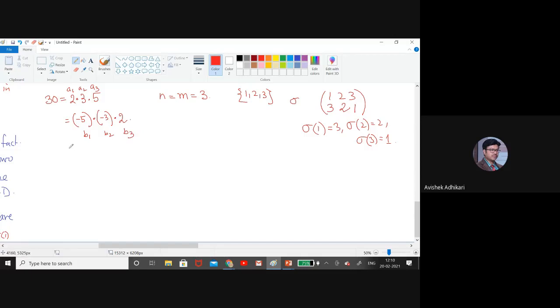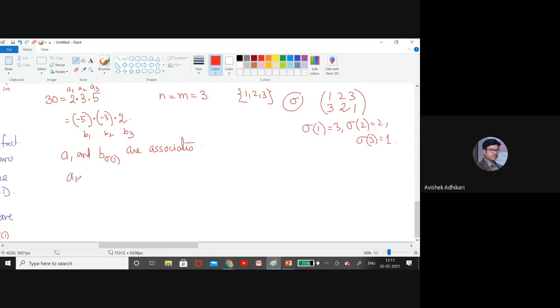What it says is that there exists some permutation sigma such that A1 and B sigma 1 must be associates. Why? What is B of sigma 1? B of sigma 1 is B3.